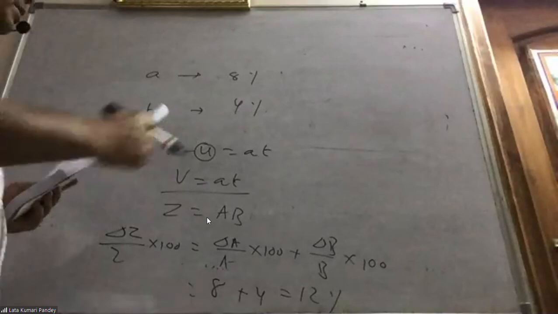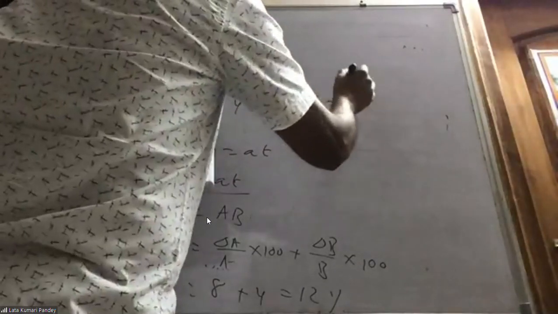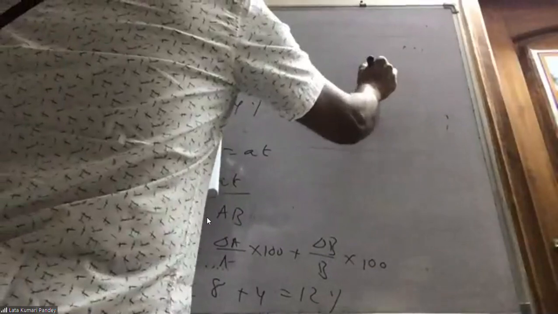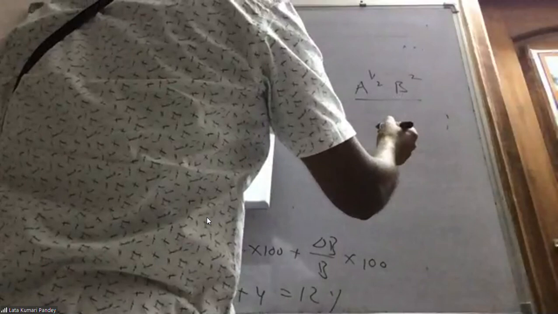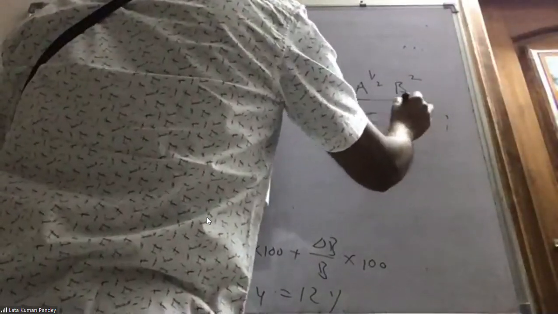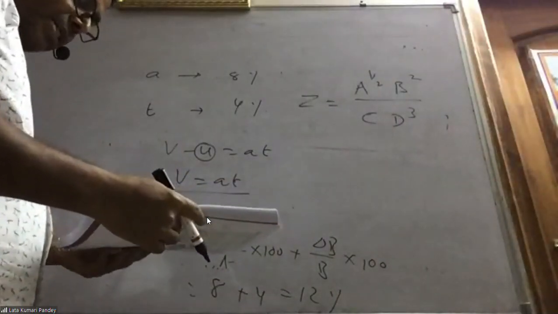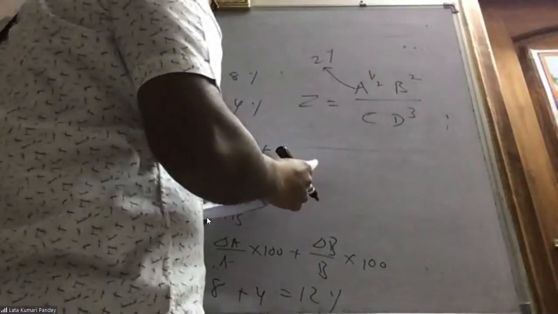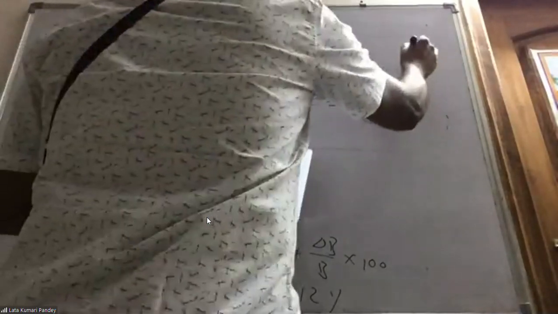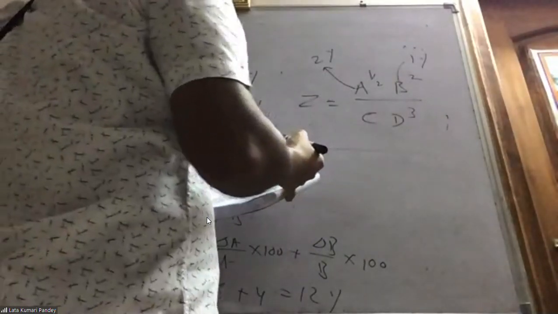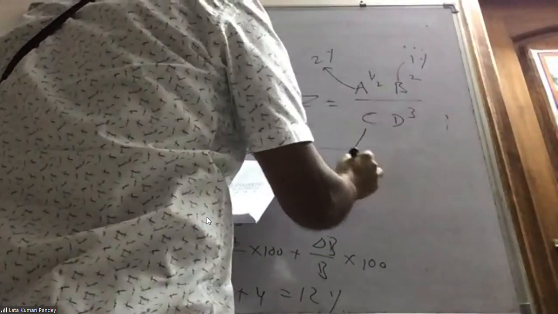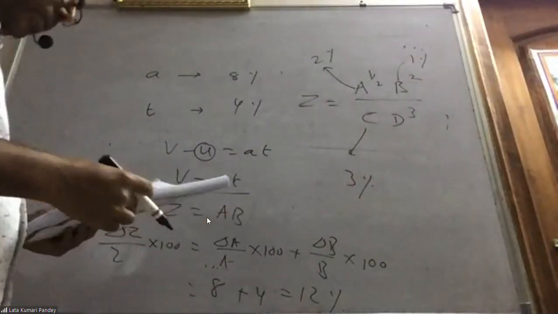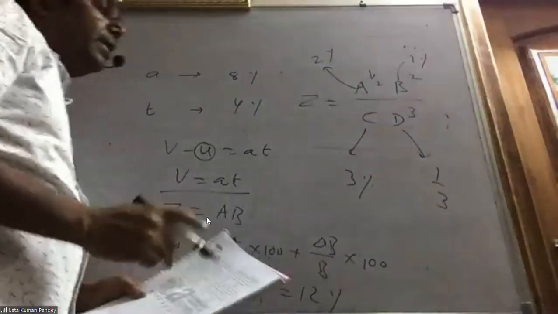If a problem is given like this, Z is equal to A power half B square over C D cube. This is the 37th problem. In the measurement of A, 2% error is there. In the measurement of B, 1% error. In the measurement of C, 3% error. And in the measurement of D, 1/3% error.